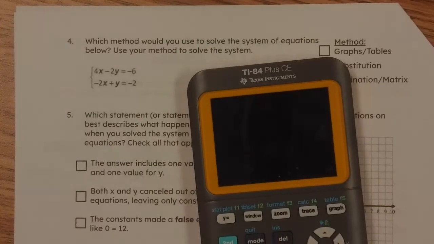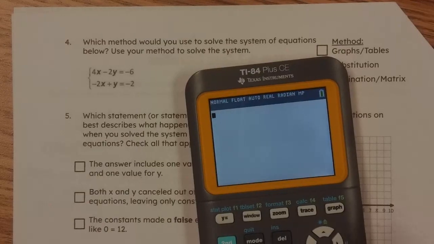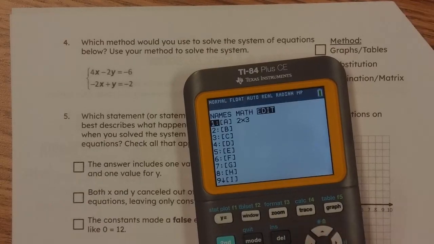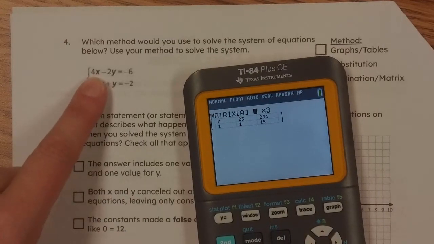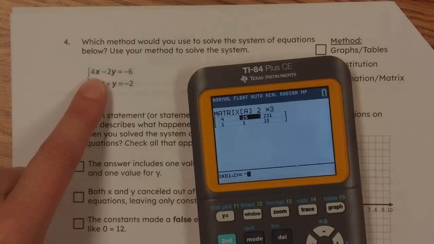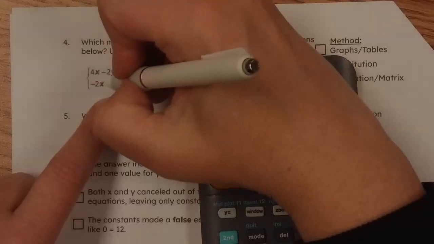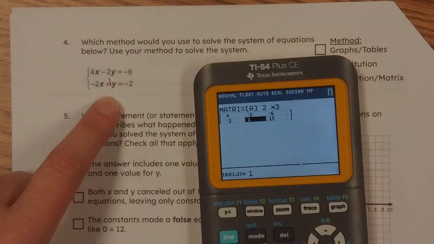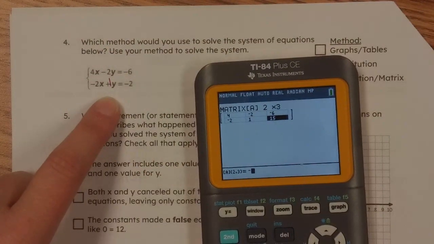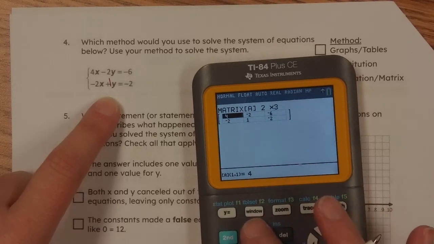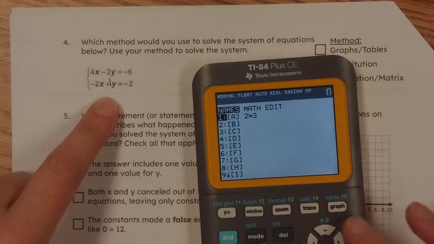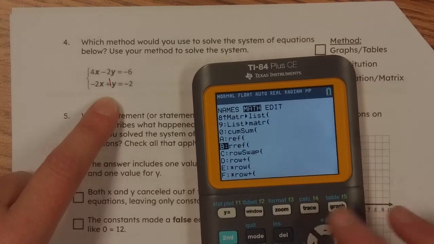So real quick, I'm going to do the matrix on my calculator, clear it out, enter my numbers. So we've got 4, negative 2, negative 6, then negative 2. Remember, there's a 1 hiding right there. And then negative 2. Second quit. Second matrix. Math for ref.